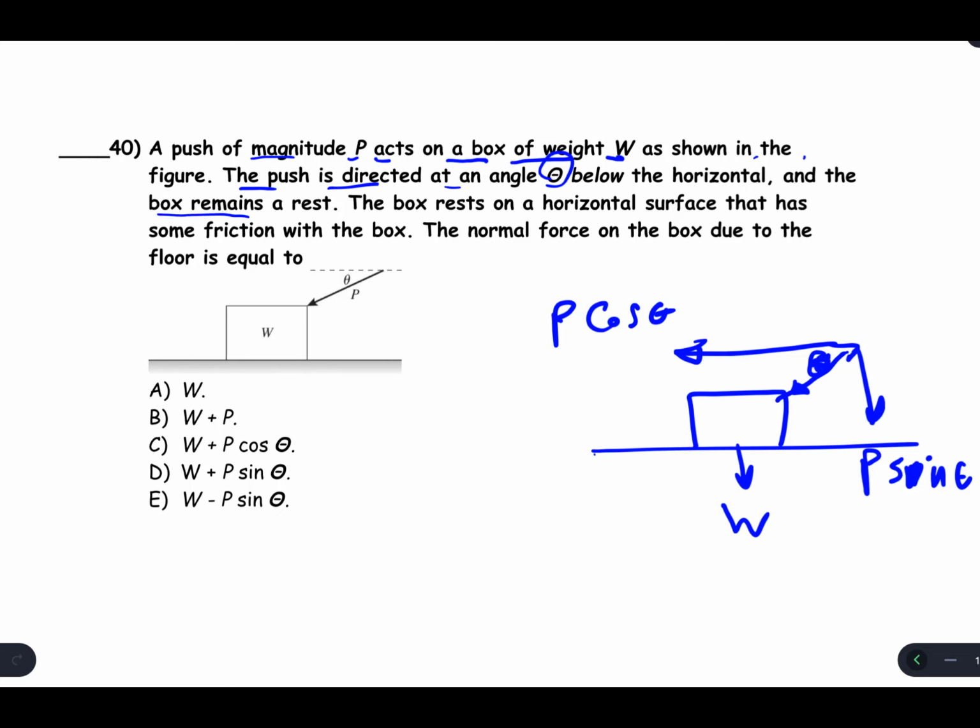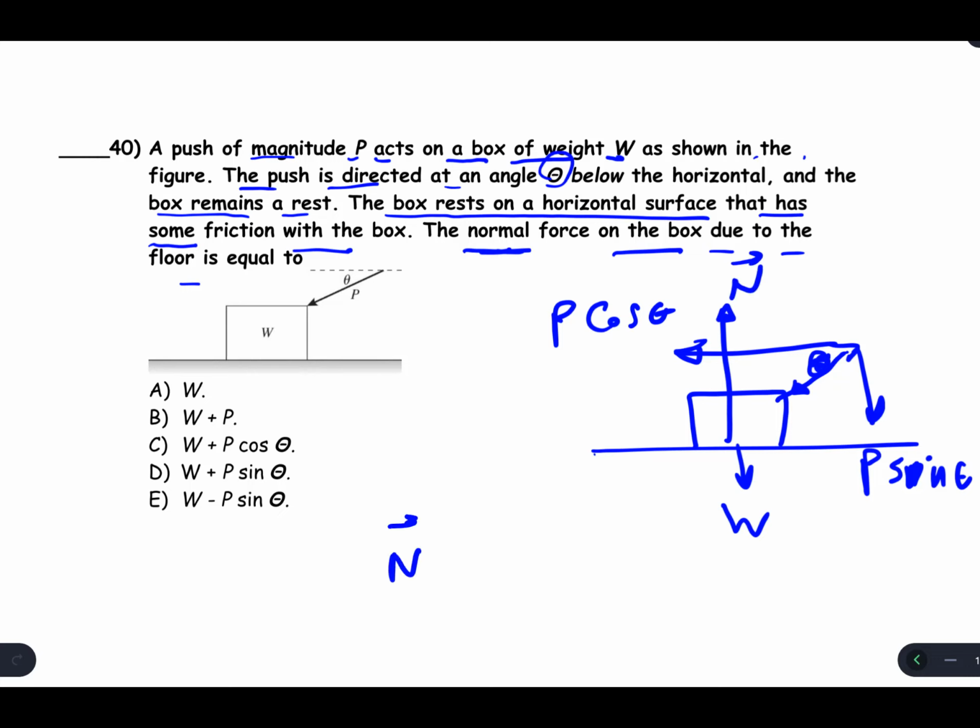And the box remains at rest. The box rests on a horizontal surface that has some friction. There is friction with the box. The normal force on the box due to the floor is equal to... The normal force is perpendicular, upward. So this is N, the normal force.